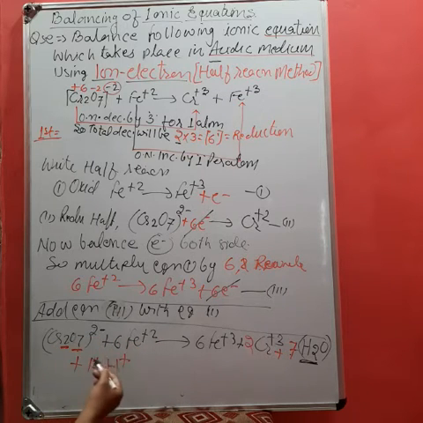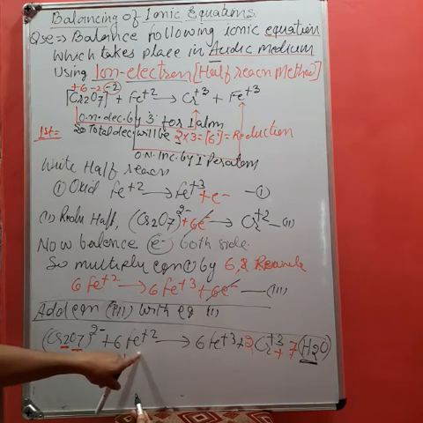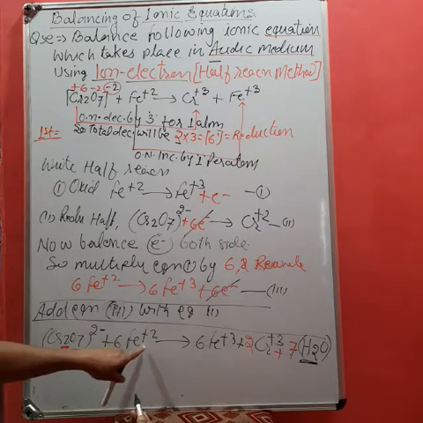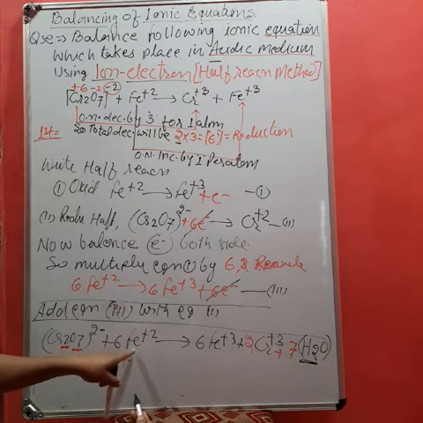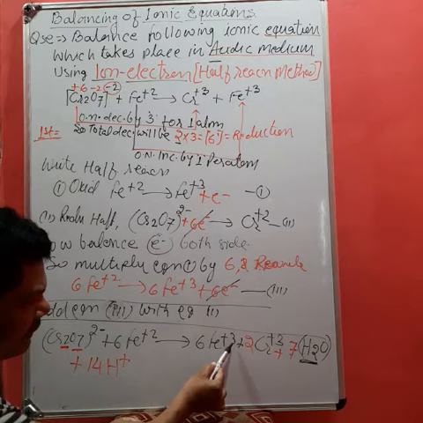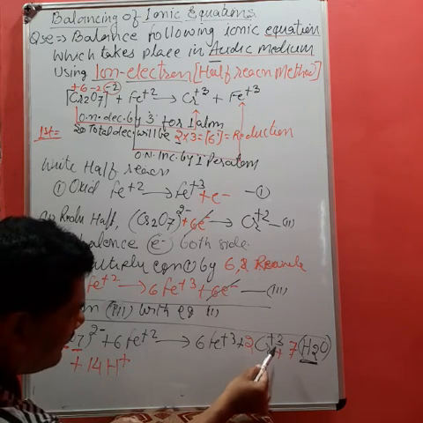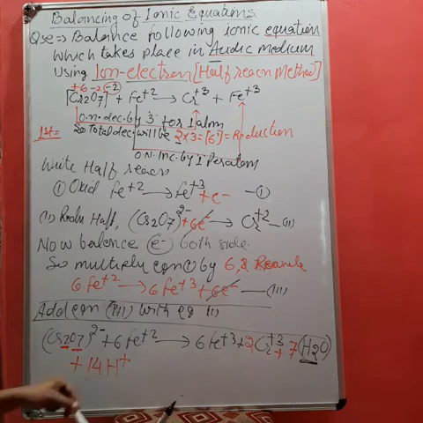So 12 minus 2 is equal to 10. So the cations are 10. And here, 6 times 3 is 18, and 2 times 3 is 6. Getting? So in this way you can also balance the equation.